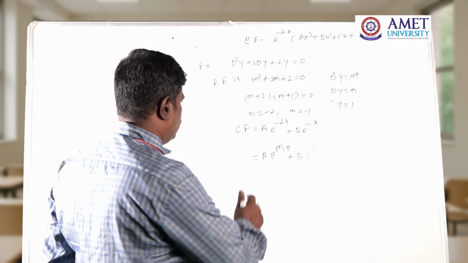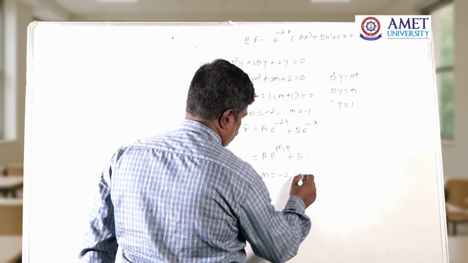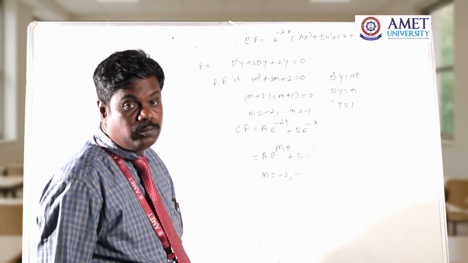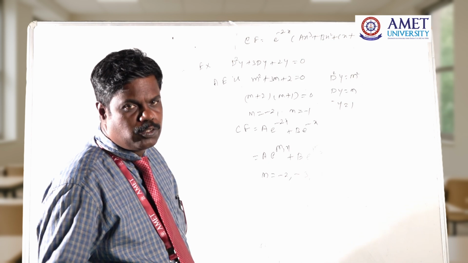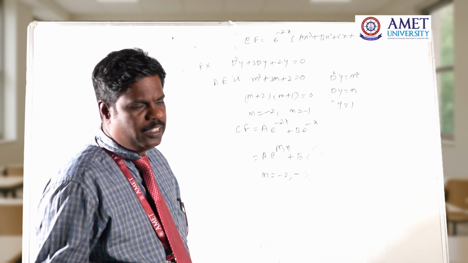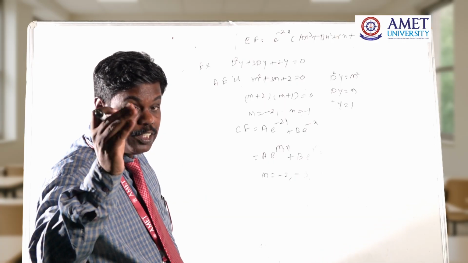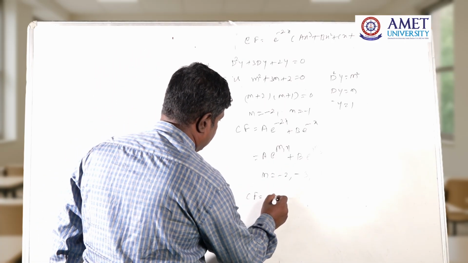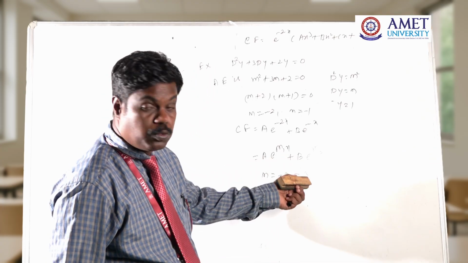Suppose the roots are m equal to minus 2, minus 3, minus 1, or minus 1, minus 2, or maybe any sequence. Now you have to extend accordingly. The complementary function is a e power minus 2x, what is the next root?